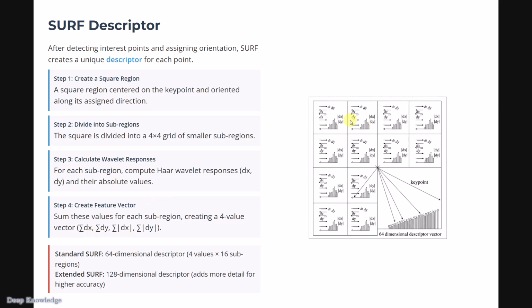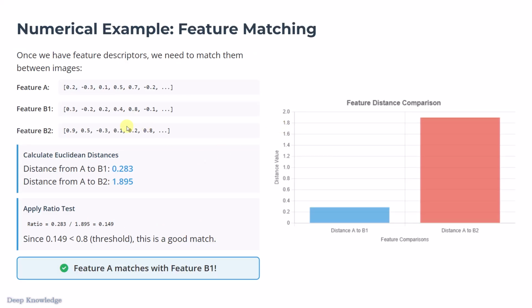So now we have four values, and this region is represented by four values. Also this one will be 4, 4, 4. Now how many dimensions? We have a 64-dimensional descriptor vector for each point. Why? Because 1, 2, 3, 4 times 1, 2, 3, 4 is 4 by 4, and each one is represented by 4, so it will be 64. Each feature or region is represented by 64.